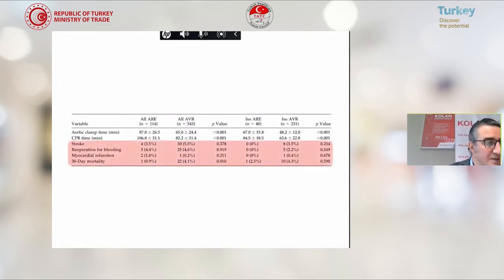And here you see the addition of enlargement didn't increase the incidence of 30-day mortality, stroke, reoperation for bleeding, or myocardial infarction.